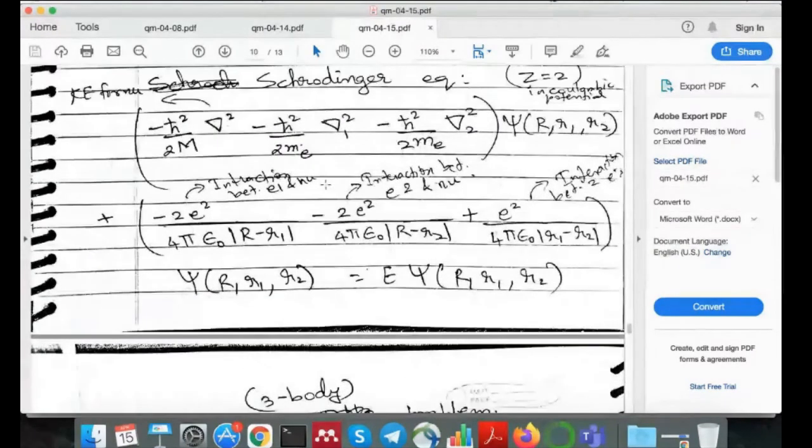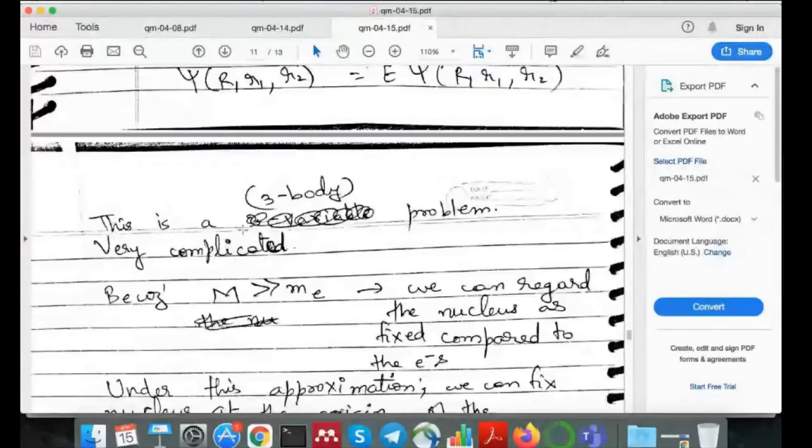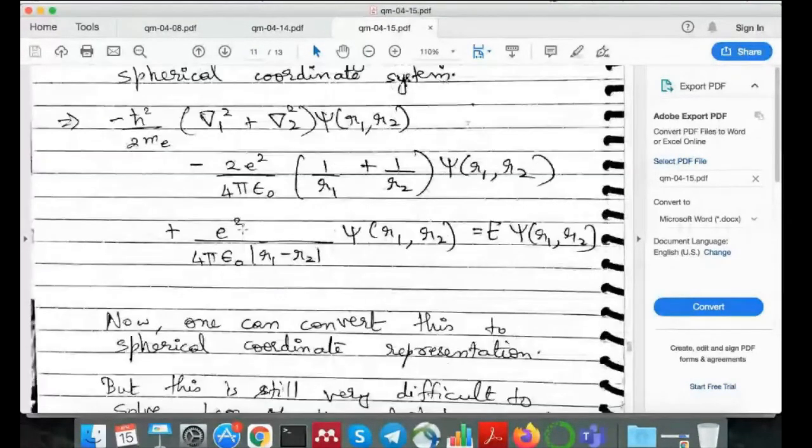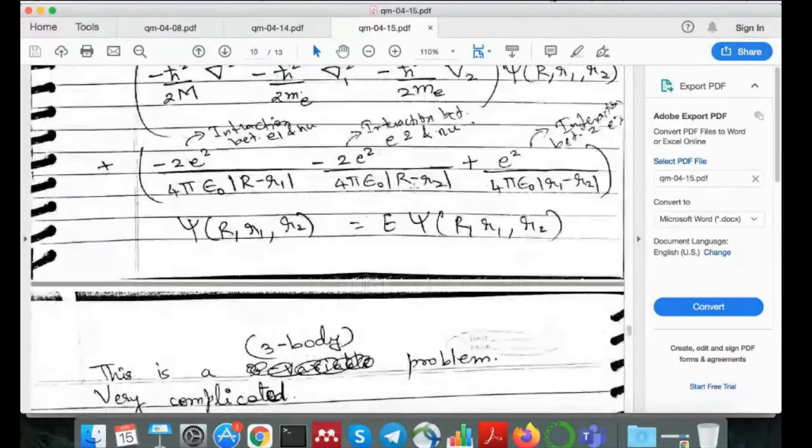Because we now consider the nucleus to be at the origin, our Hamiltonian reduces a bit. The Hamiltonian now has only two terms in the kinetic energy: minus h cross square by 2me into del 1 square plus del 2 square, acting on psi. And it has this potential energy term, just that R becomes 0, because we consider the nucleus to be at the origin.